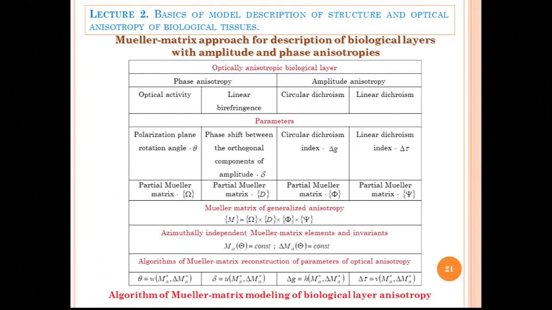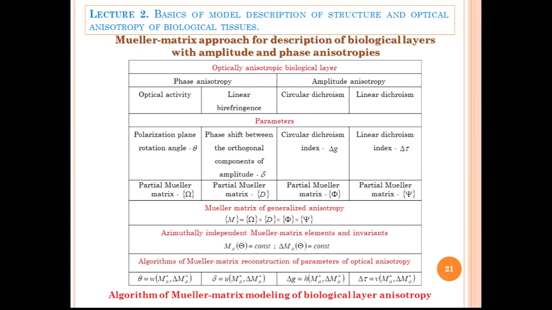Okay, let's start with the algorithm of Mueller matrix modeling of biological layer anisotropy. As we can discuss a little bit later, there are the following mechanisms: phase anisotropy and amplitude anisotropy, divided into optical activity or circular birefringence and linear birefringence, circular dichroism and linear dichroism.